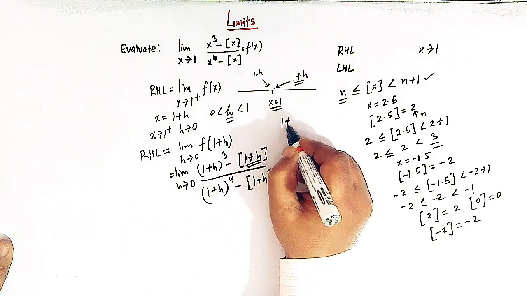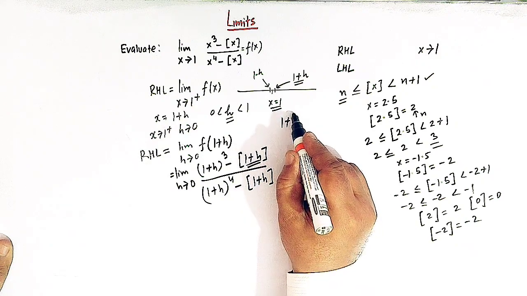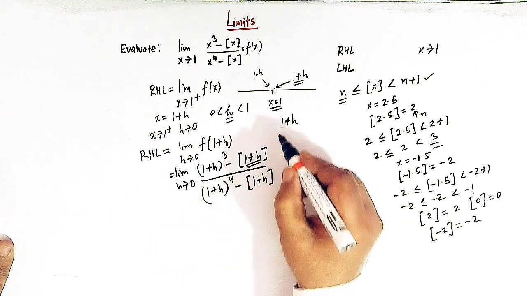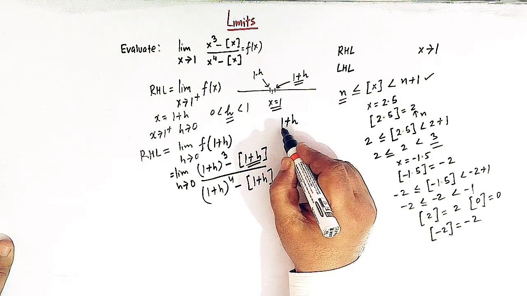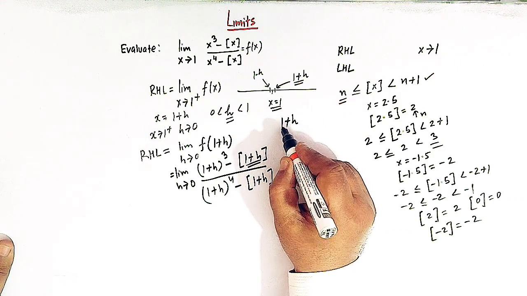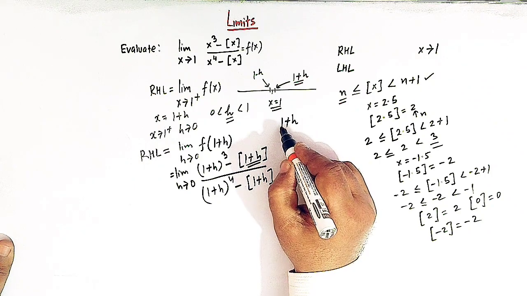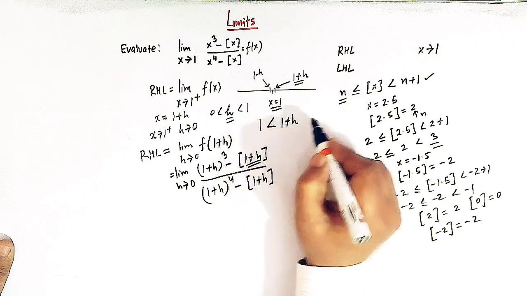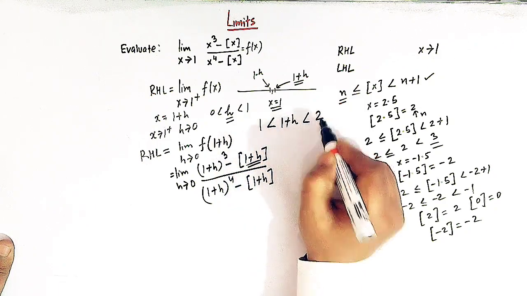So see, 1 plus h. Now see, here h is infinitesimally very small, right? So when we add h to 1, then the value of this expression 1 plus h is slightly greater than 1, right? But it remains less than 2.